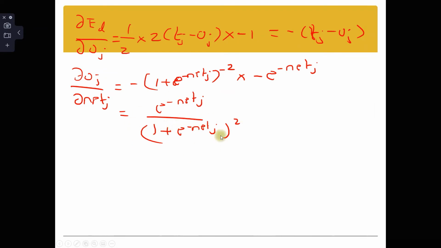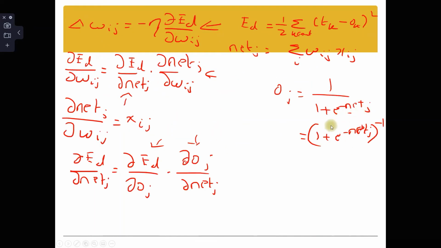This is why you have to be careful. You can't use this form as it is; you need to make e power negative net j the subject of the formula. By doing so, you will get 1 minus oj over oj. So just bring that here and make e power negative net j the subject of the formula. You get 1 minus oj over oj, okay?